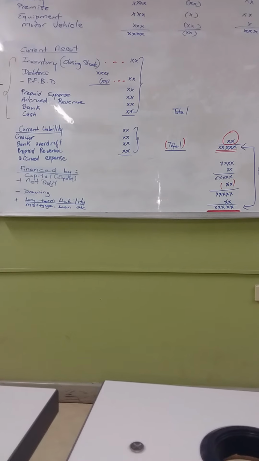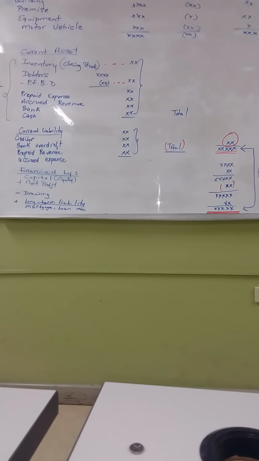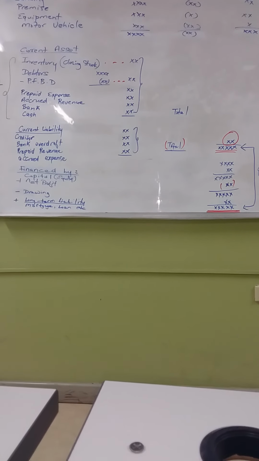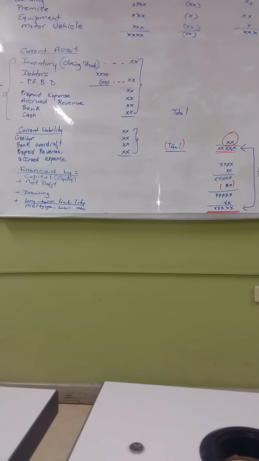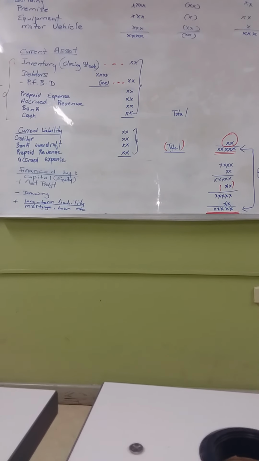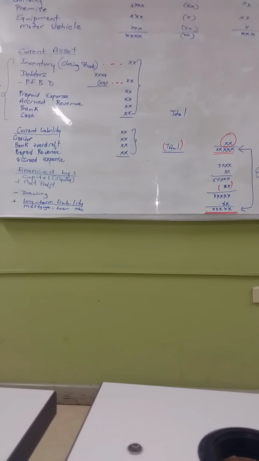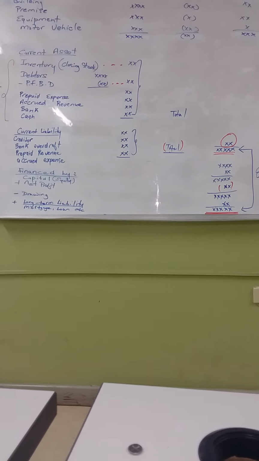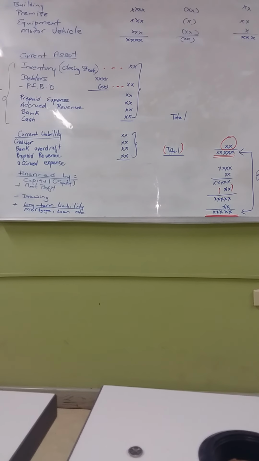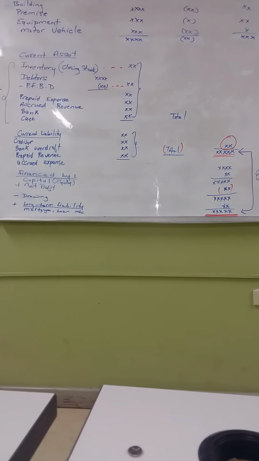It goes back to your accruals concept. If you go back and look at that concept, revenues and expenditures are recorded in the period in which they occur, irrespective of whether they were paid or not.